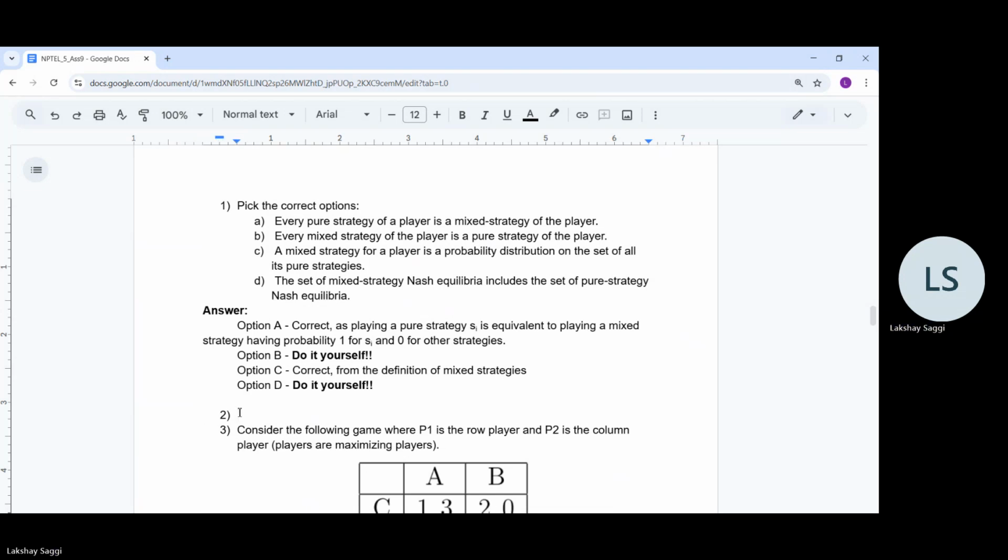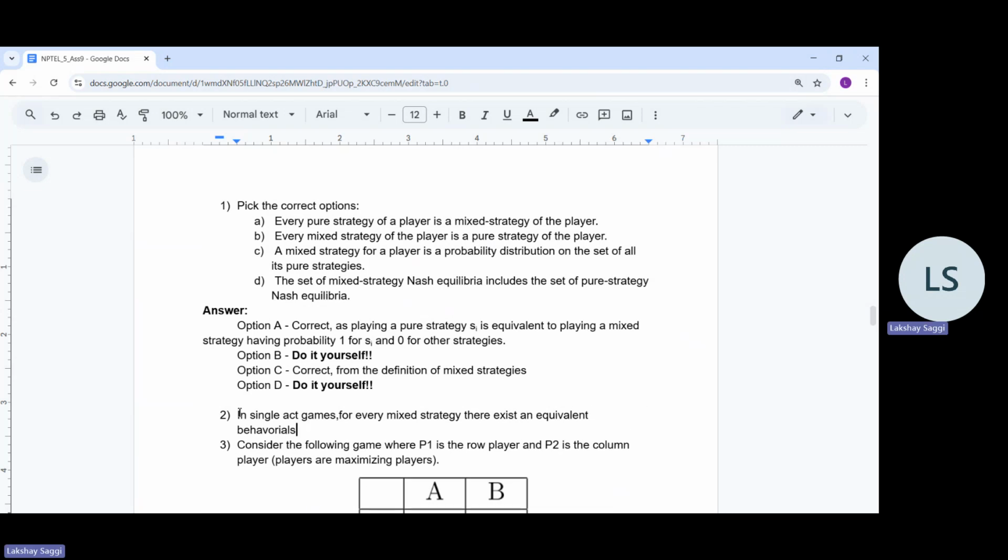In single act games, for every mixed strategy, there exists an equivalent behavioral strategy for all players. True or false?